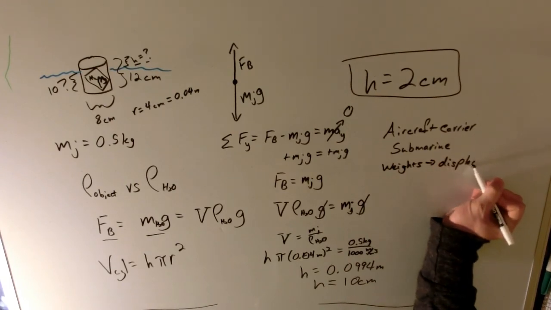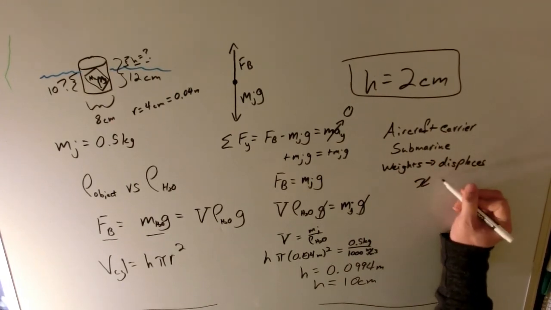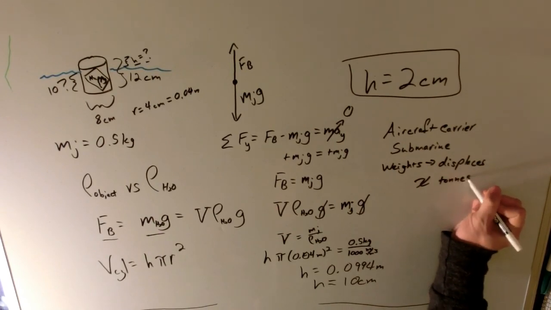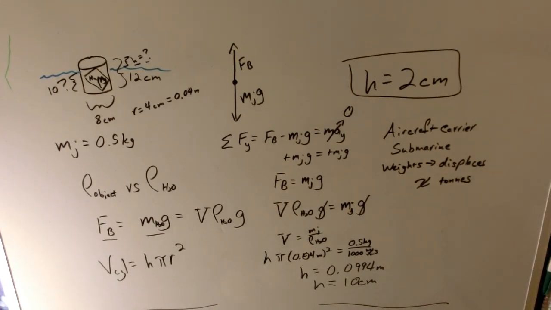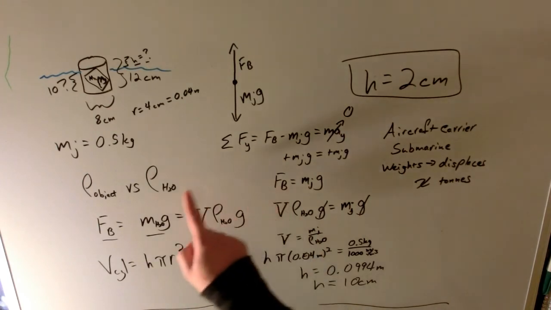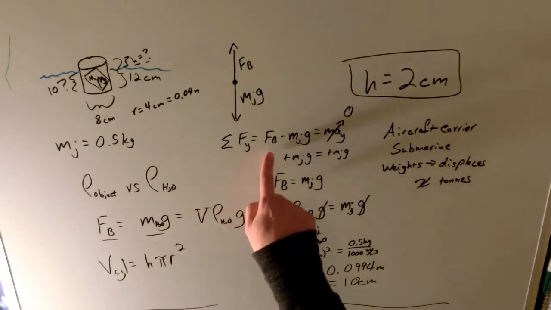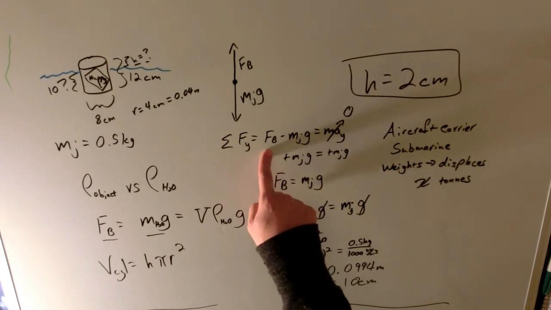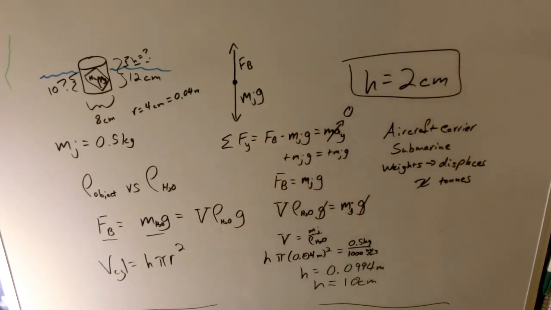They'll tell you that it displaces X amount of tons of water. That's its displacement. What it's actually telling you is how heavy it is, because it tells you how much seawater it's displacing. And we know by our relationship here that the buoyant force, how much it displaces, is directly related to its weight.